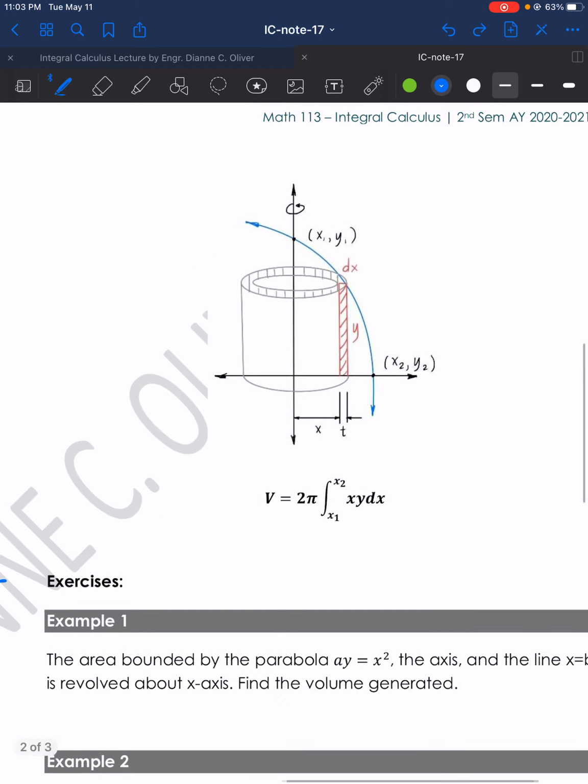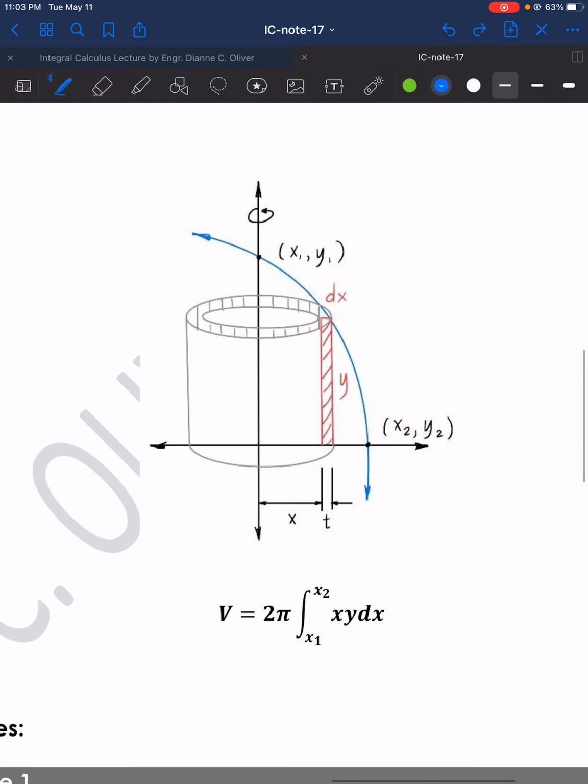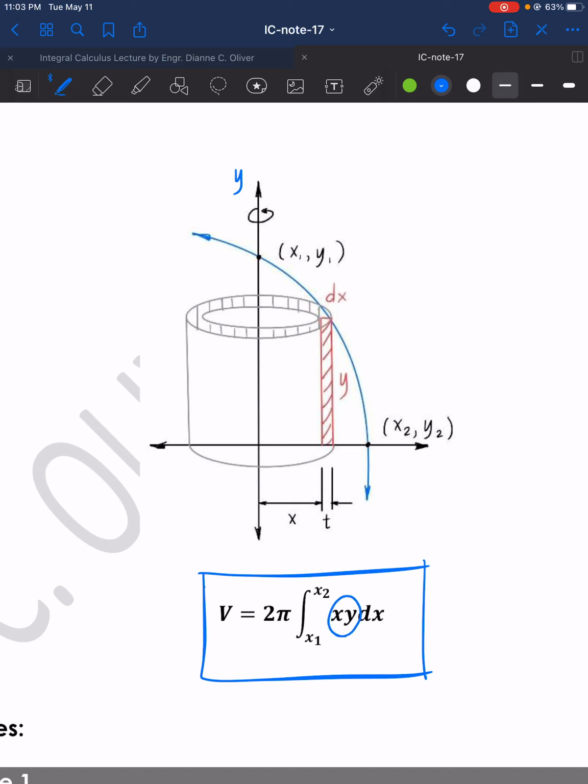Now, when we use the y-axis as the axis of rotation, and the area strip parallel to it is y dx, therefore, we will use the formula 2 pi integral of xy. The difference is we will use dx.